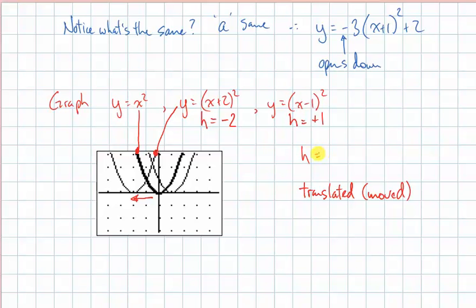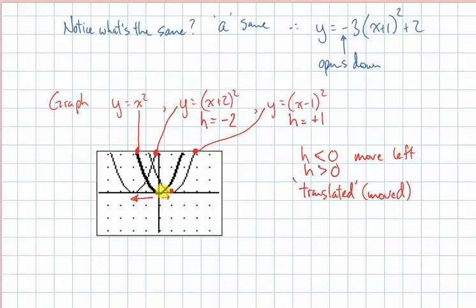So if the h value itself is less than 0, we move left. If the h value is more than 0, like this one, we see that we've actually moved to the right. This graph is this third one that's over here in the first quadrant as it moves up to the right.